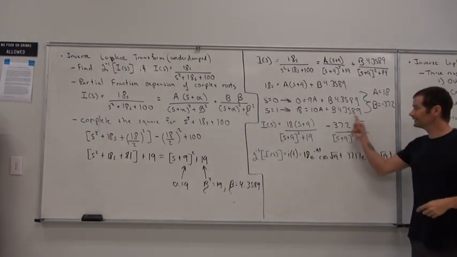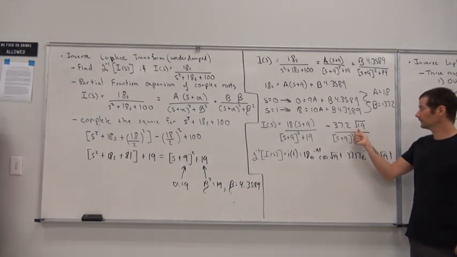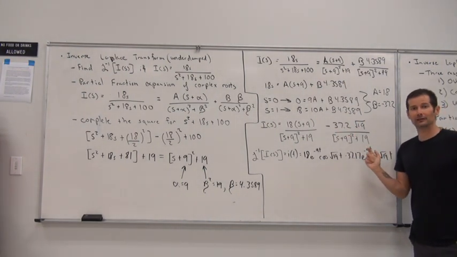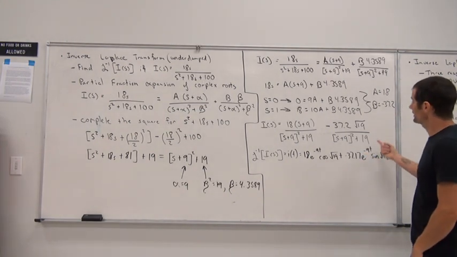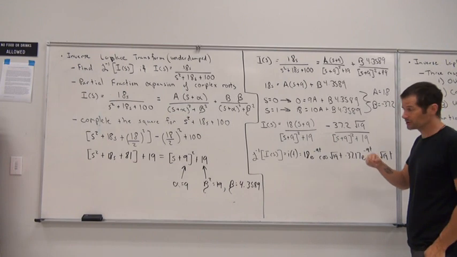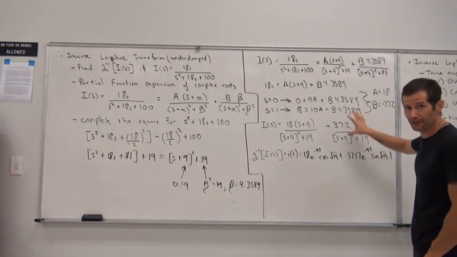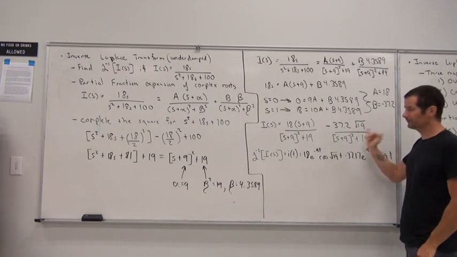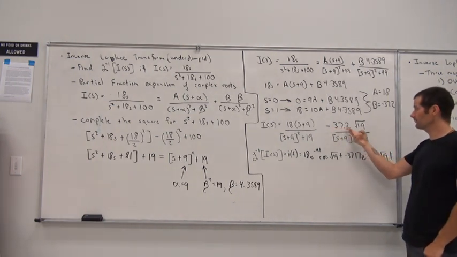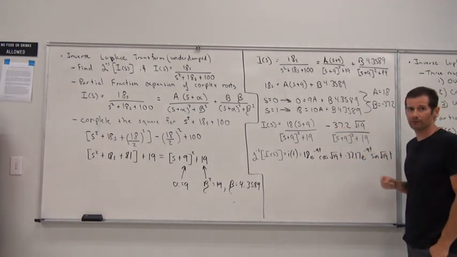Note here that I did not multiply negative 37.2 over the square root of 19. I did not do that because this is the form that we will take the inverse Laplace transform of, in which that square root of 19 has to be left alone, because negative 37.2 is the coefficient, not negative 37.2 times square root of 19.